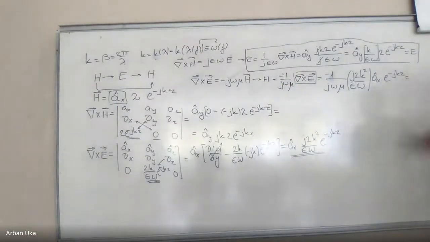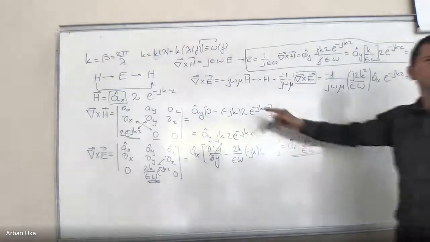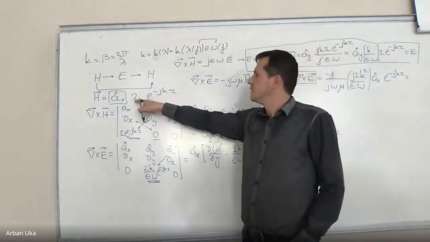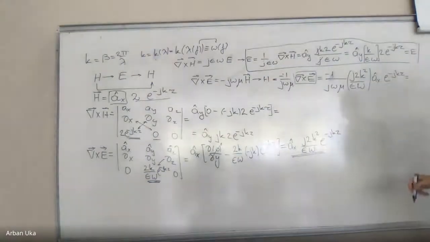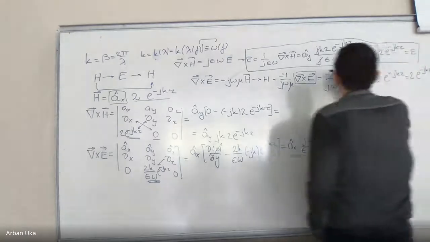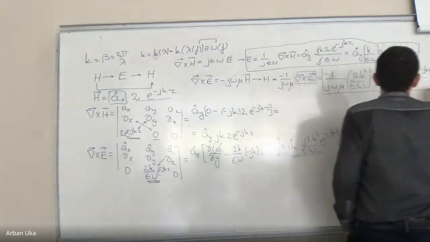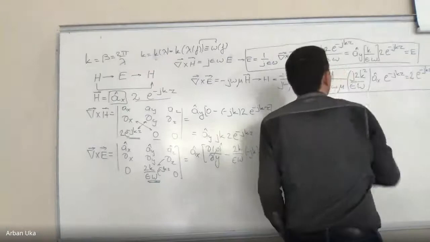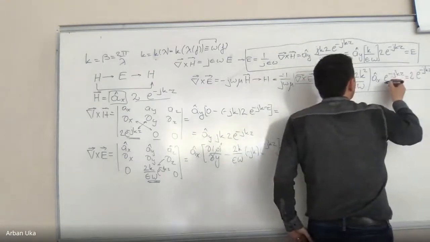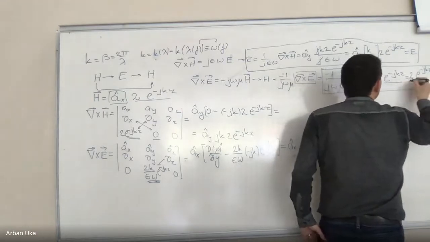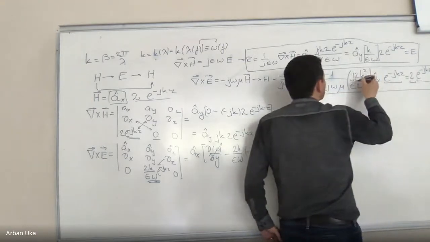Now all of these should be equal to whatever we had initially, right? We derived them twice, and finally we should get the same thing, and this would be equal to 2 e to the power minus jkz times ax. So let's have a look now at this expression. We notice that this term is on both sides, and this 2 is also here.